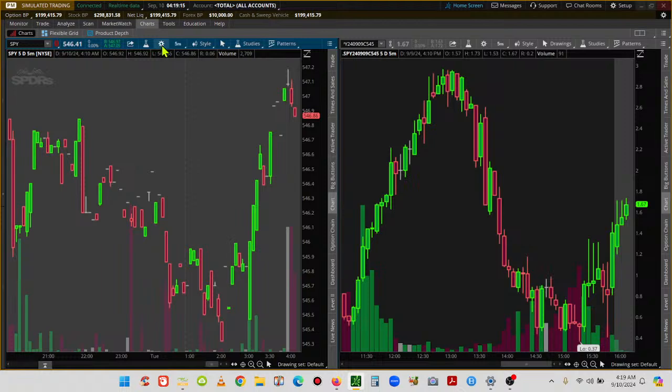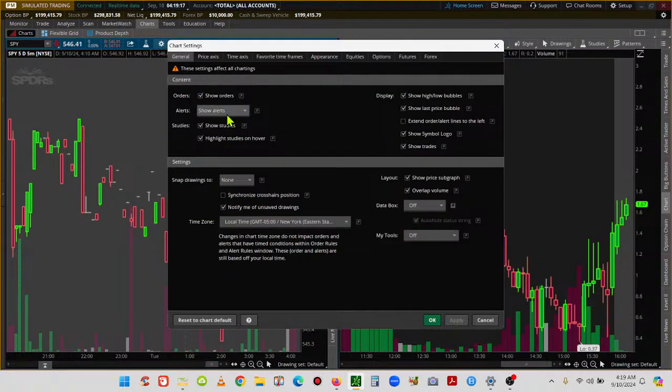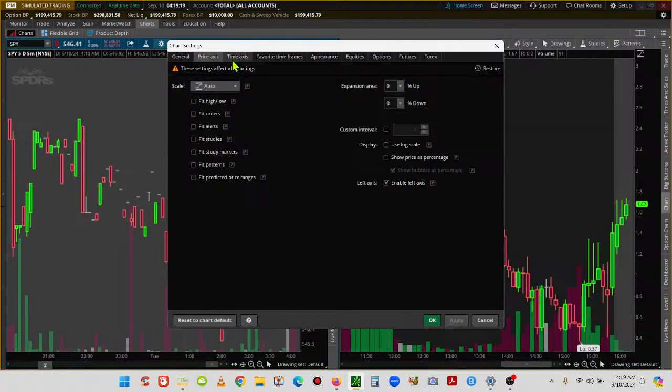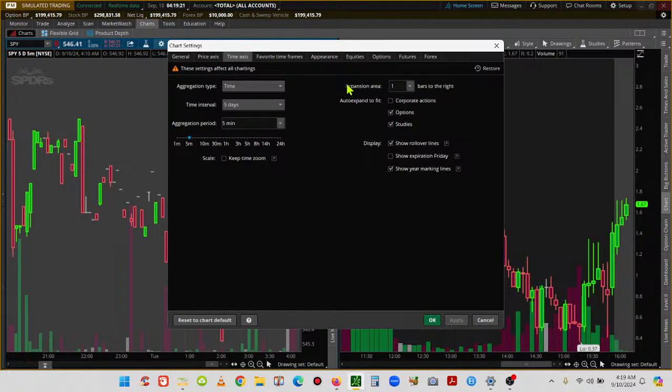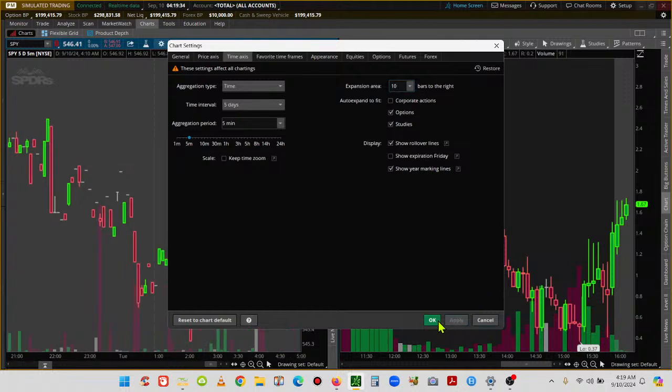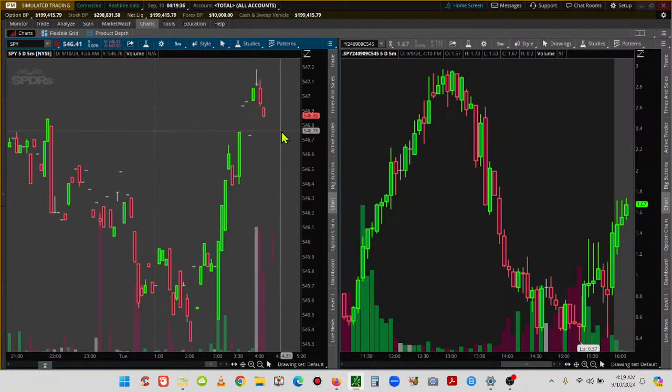Go back to settings. Okay, we were looking at time axis and expansion area should be 1. Bars says bars to the right, 1. Okay, you could choose more, but I do not recommend it. So let's try 10. What happens? You have this big gapping space, and I just personally don't like that.